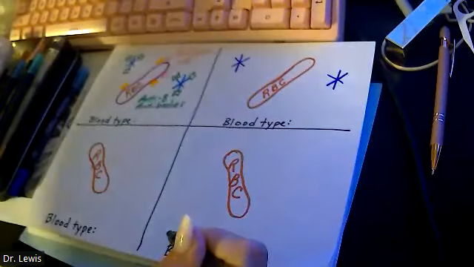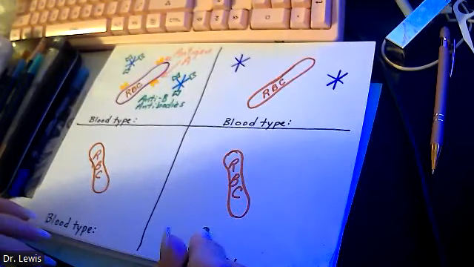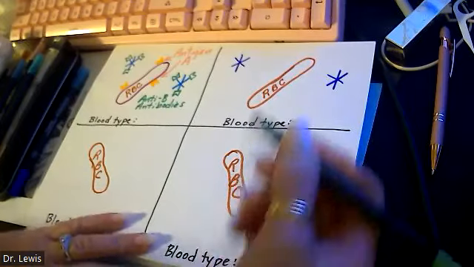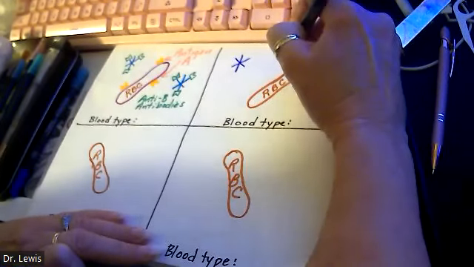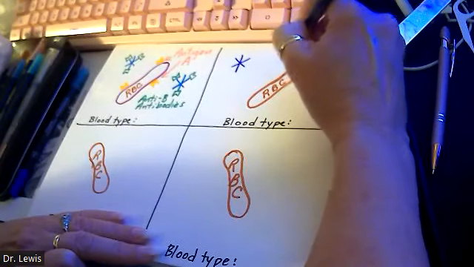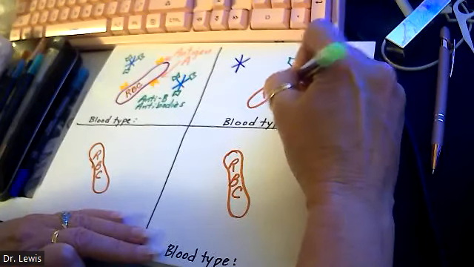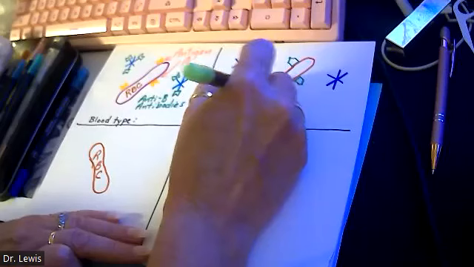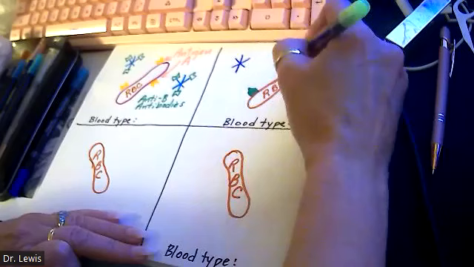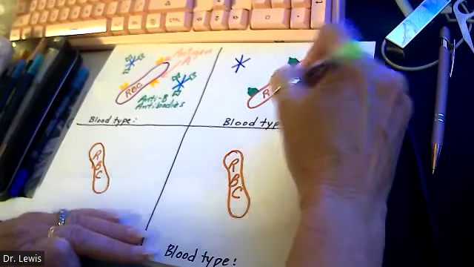And let's put antigen B on here. Antigen B is going to look like this. Well, these antigens and antibodies are examples. They're not according to size.